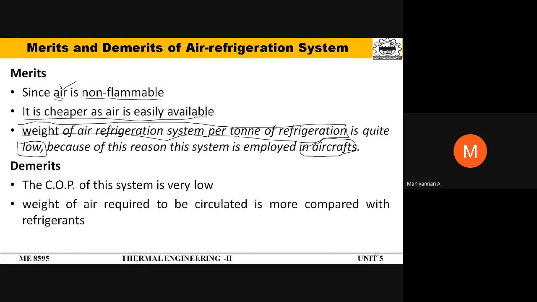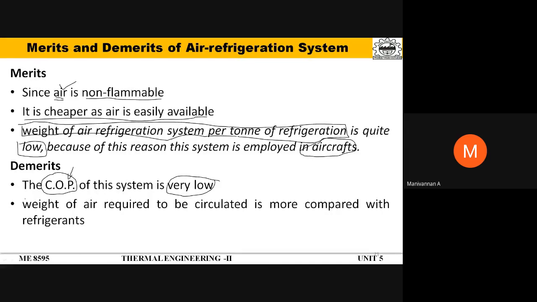The drawbacks of this air refrigeration cycle: one main drawback is the coefficient of performance, because air is a gas, and gas is a poor conductor of heat. So you cannot absorb the required refrigeration effect. The COP of the air refrigeration cycle is very low compared to other conventional refrigeration systems.